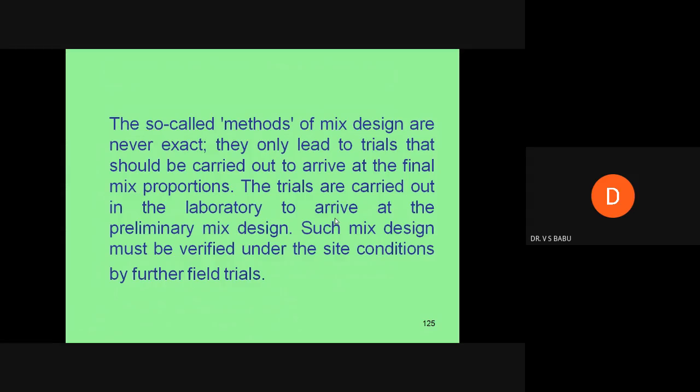In the first truck the quality of aggregate is different, in the second truck the quality of material is different, and the sand may differ from what was tested in the laboratory. In the field, because tons of material are continuously poured in the slab, the quality may change. So the preliminary mix design must be verified under site conditions by further field trials.